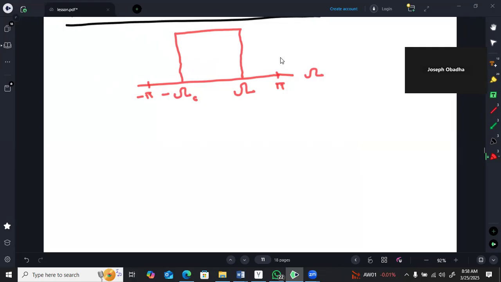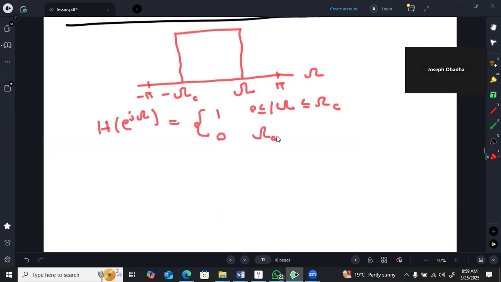But for now, the mathematical definition of this filter would simply be that H of e to the j omega would be equal to 1 so long as the frequency lies between 0 and omega c, and would be 0 outside omega c, that is, when omega c is less than omega.